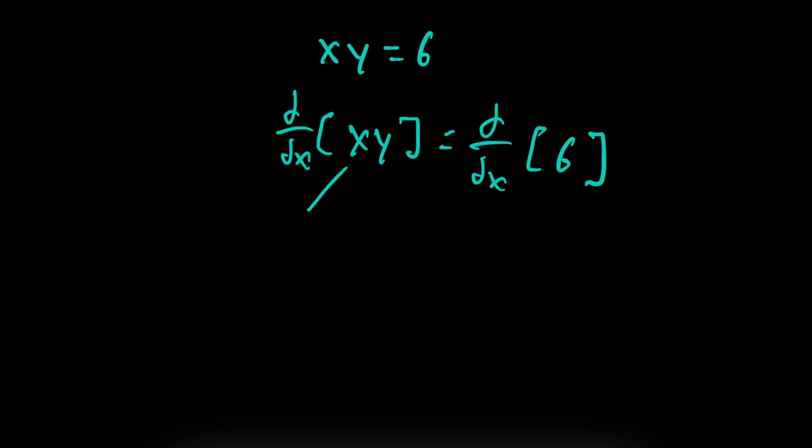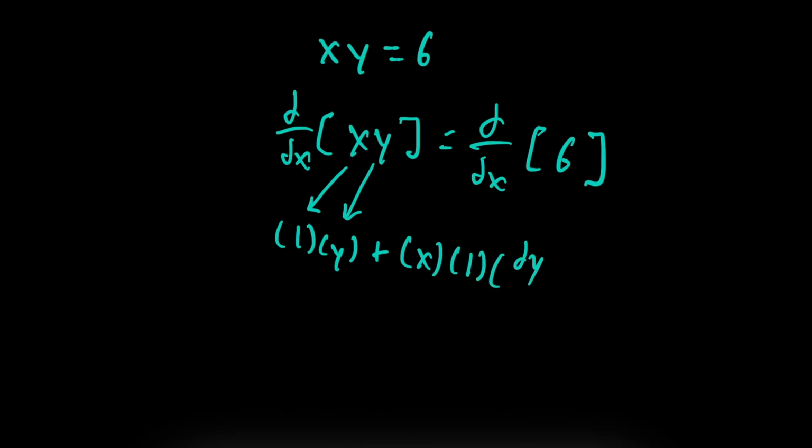So the derivative of x is just going to be 1, and y will just drop down right here. Plus x, we're not taking the derivative of x here, times the derivative of y, which is going to be 1 times dy dx. And the derivative of any constant is just going to be 0.